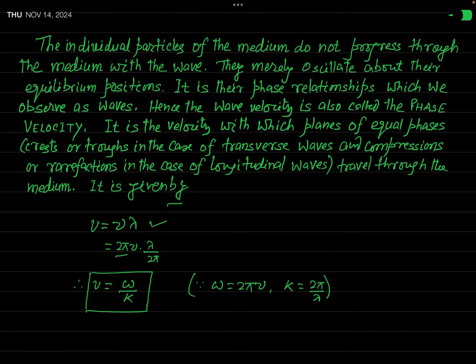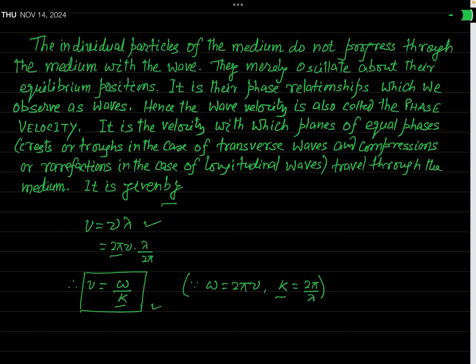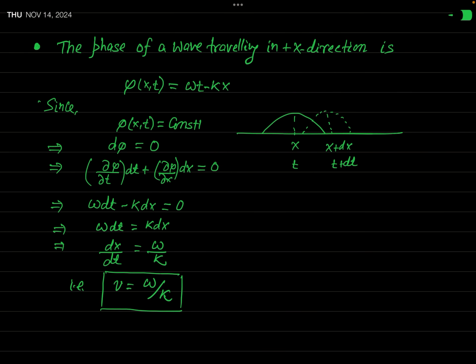But you know 2 pi nu is omega, and k, which is the wave vector, is 2 pi by lambda. So lambda by 2 pi will be 1 by k. So v is equal to omega by k. And already you have assumed this earlier. Now the same result can be derived in another method, another technique.